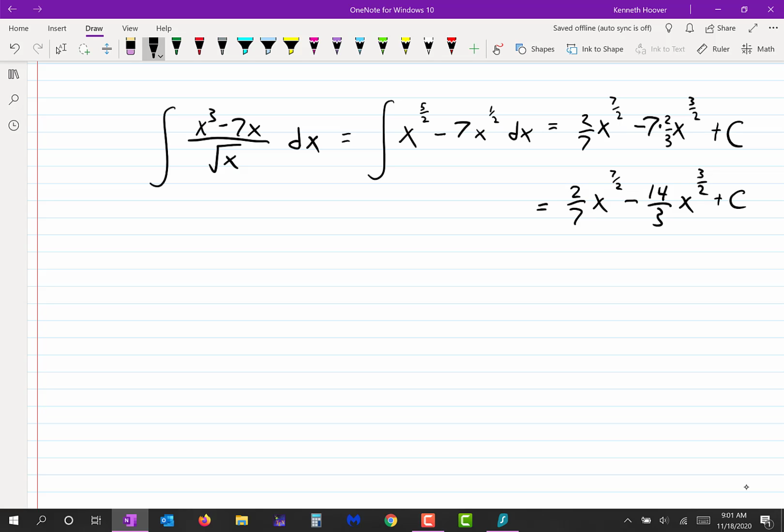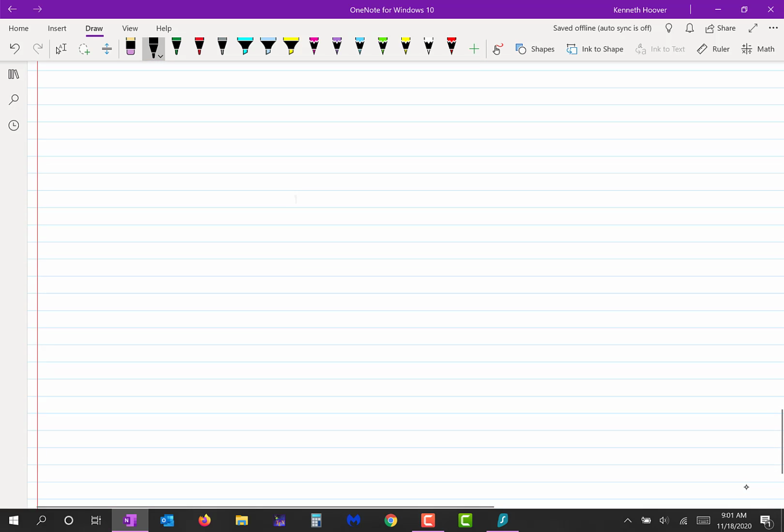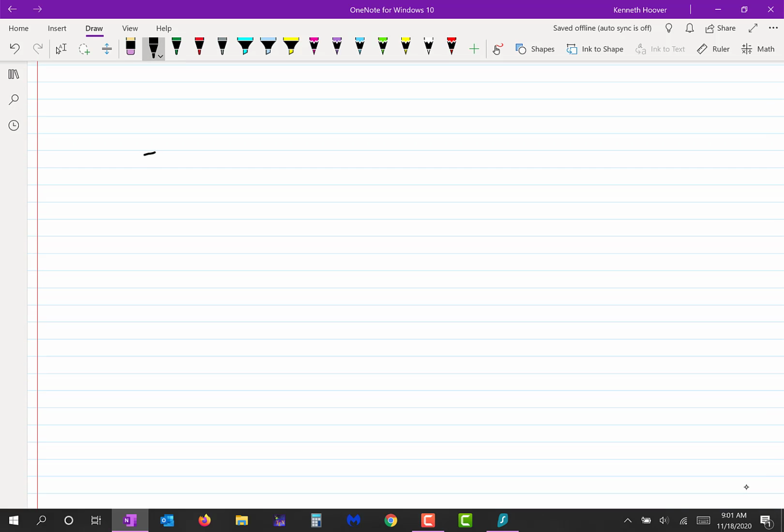Let's do one more problem and then we'll be finished. Something like this. Find f of t given that its second derivative is cosine, and f prime of 0 equals 3 and f of 0 equals 5.